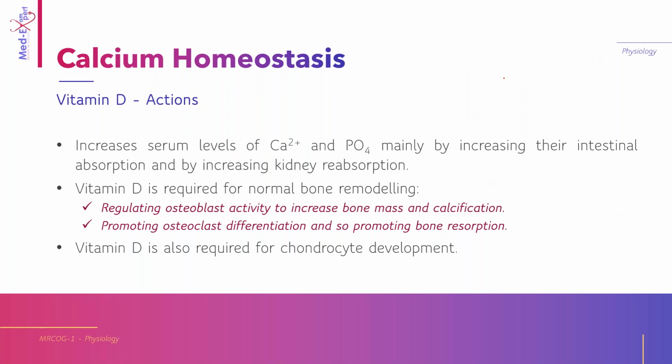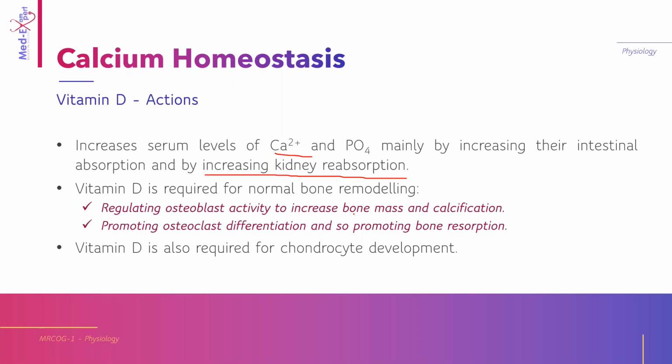What are the actions of vitamin D? Vitamin D will increase the serum level of calcium and phosphate, mainly by increasing their intestinal absorption and increasing the kidney reabsorption. Vitamin D is required also for normal bone remodeling.